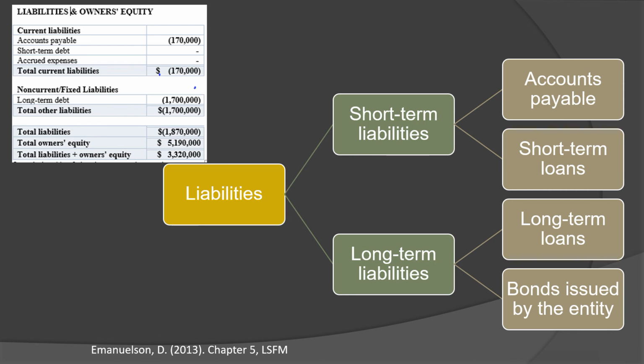So liabilities, as you can see from Fitness R Us, we have current liabilities, fixed liabilities, and then total. Liabilities are typically looked at as short-term and long-term liabilities. Short-term liabilities include accounts payable and short-term loans. Long-term liabilities include long-term loans and also bonds issued by the entity. So that's for public organizations, companies that have gone public.